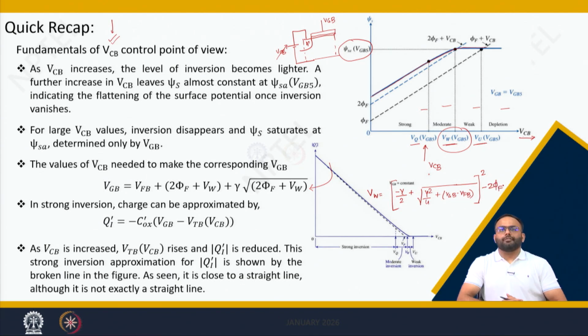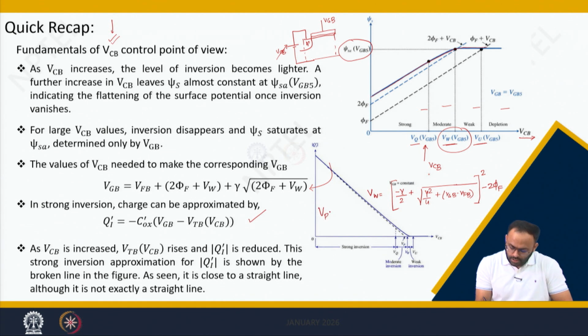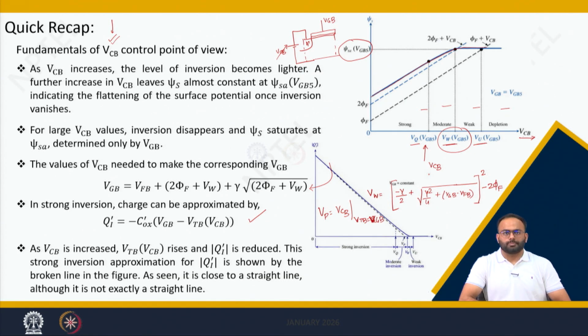So this is the value of VCB which actually decides the boundary between moderate and weak inversion. We also saw that the pinch off voltage is defined as the value of VCB where VTB is equal to VGB and the inversion charge approaches 0.